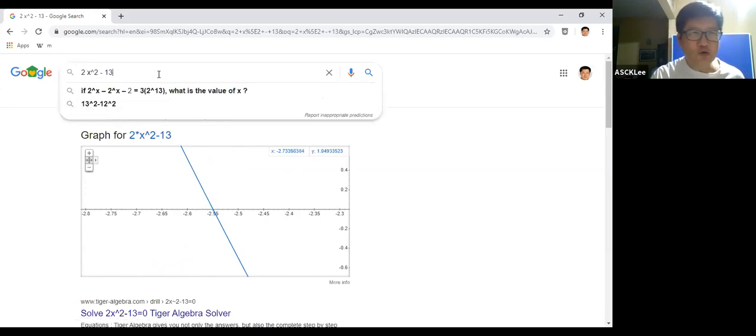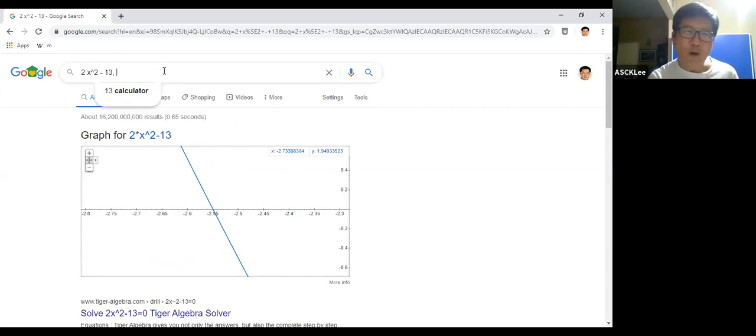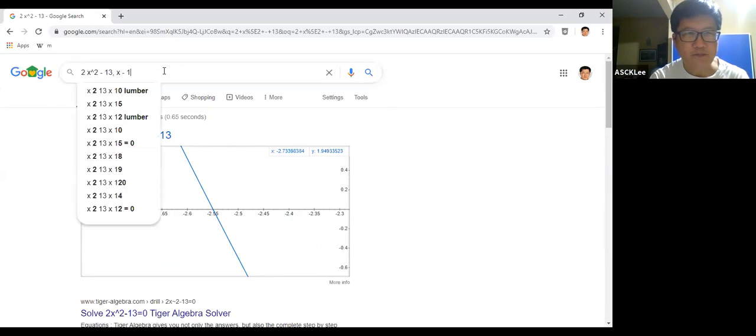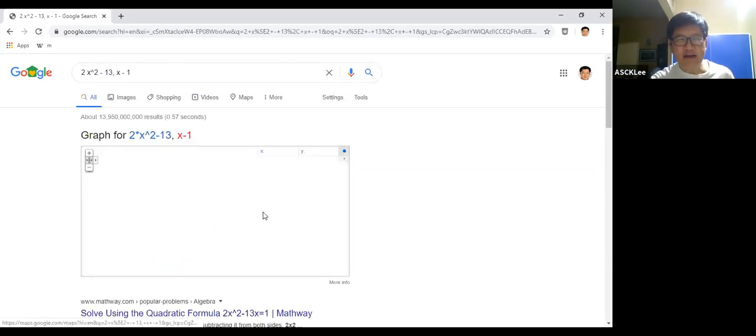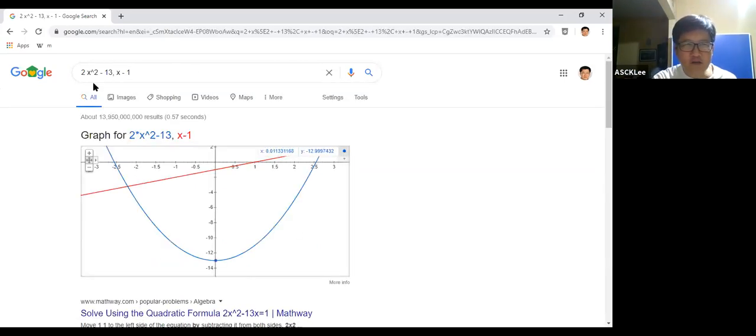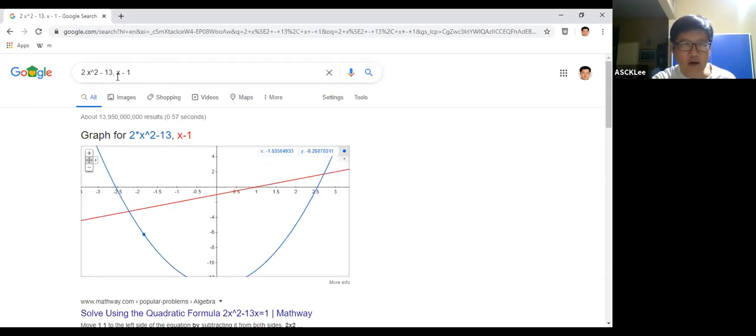Now, this is using Google to plot graphs. Google is super useful. It's really super useful because you can plot more graphs like this. Let's say you want to plot y equals x minus 1. So x minus 1. And you will see that there are two curves there. This is your 2x squared minus 13, this one here. And this one here is your x minus 1. Don't you think it's damn good?